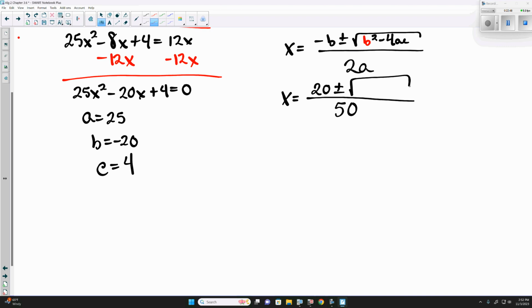The one thing I do not do is with this here, I still plug it in. b squared minus 4 times a times c. I still plug all of that in as it is, because trying to do any of that all at once, that's a little too much.